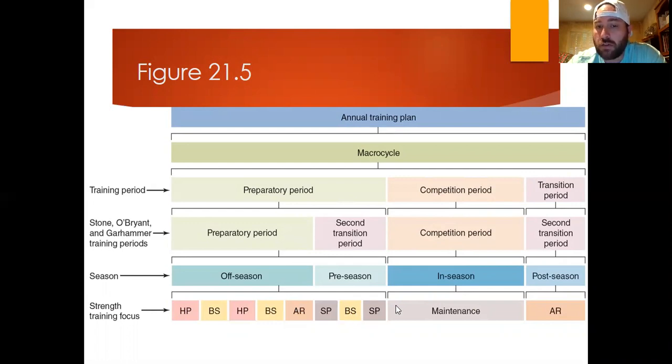In season, it's all maintenance, and that depends upon your idea of maintenance. Typically, it might just be more basic exercises and 1 to 2 days a week of getting the body moving and maintaining some sort of activity. And then we have active recovery in the postseason.